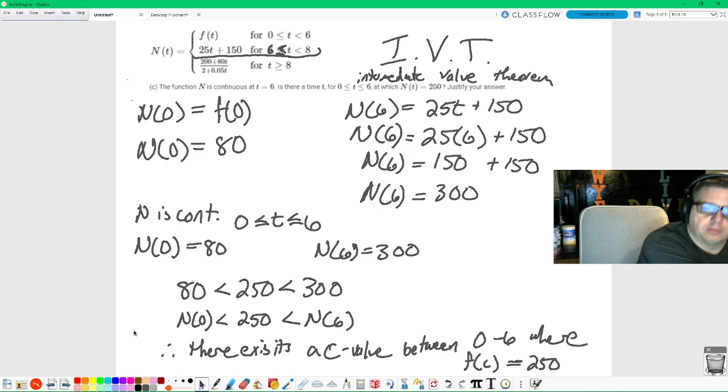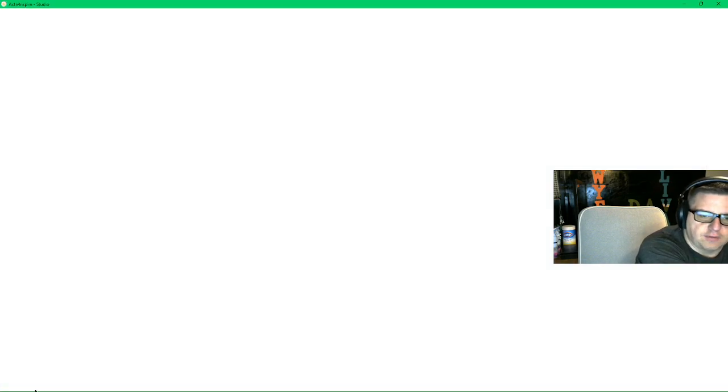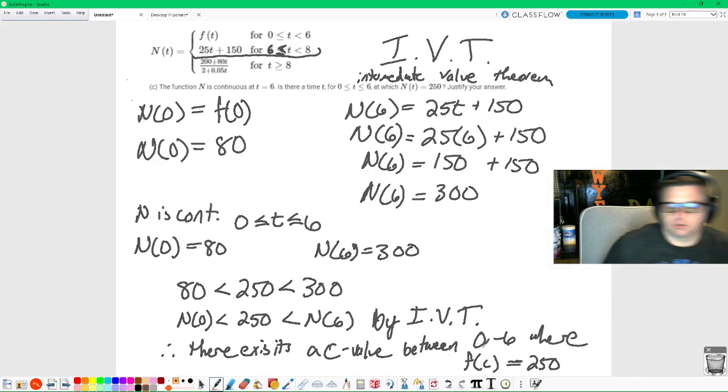Ooh, so I should say by IVT, there exists a C value between 0 and 6. So I need to use the intermediate value theorem. There must be at least one time t in between 0 and 6 such that n of t equals 250, which is that final statement, f of c equals 250.